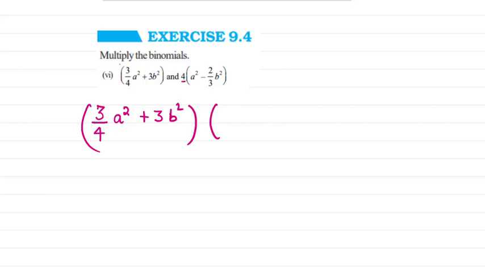Here we have 4 outside, so you can multiply 4 with the terms inside. You get 4a square minus 4 into 2, which gives 8 by 3 b square.